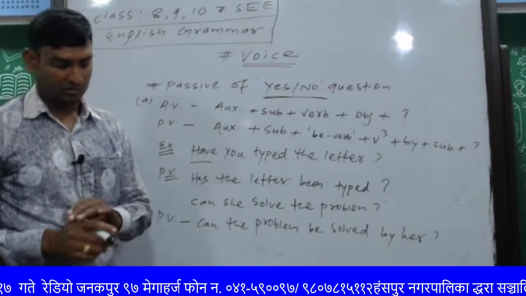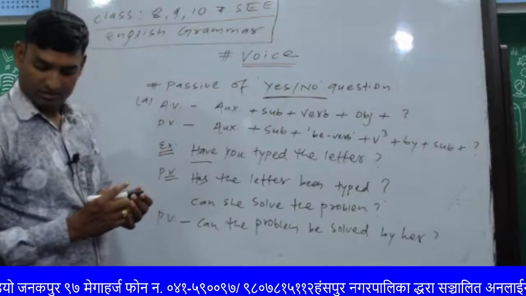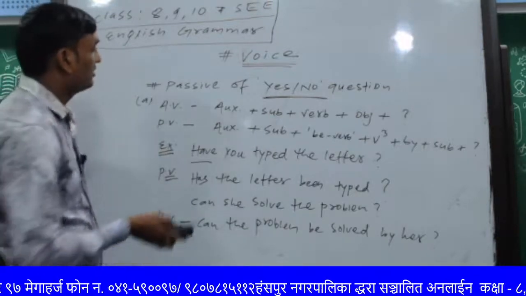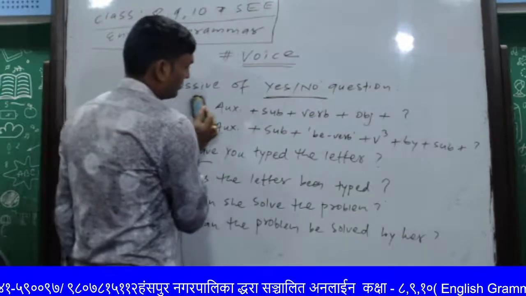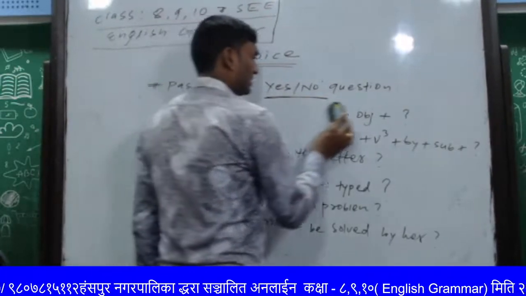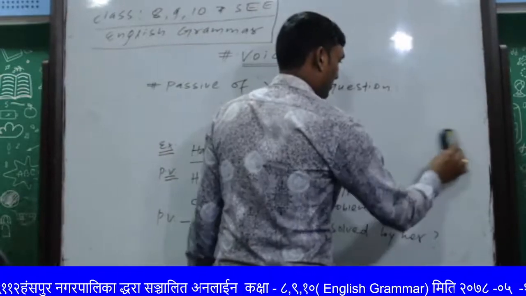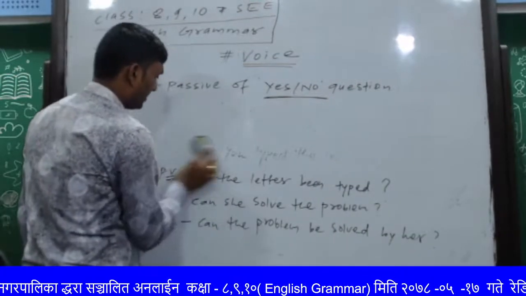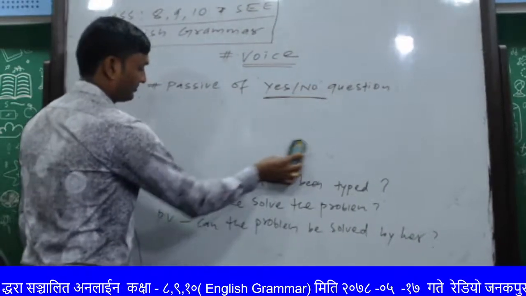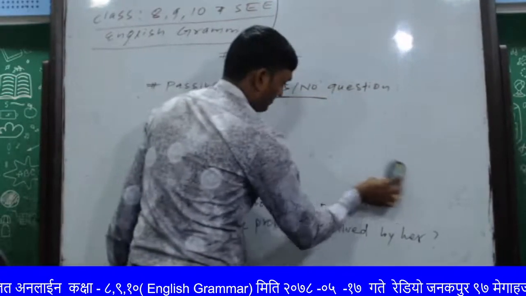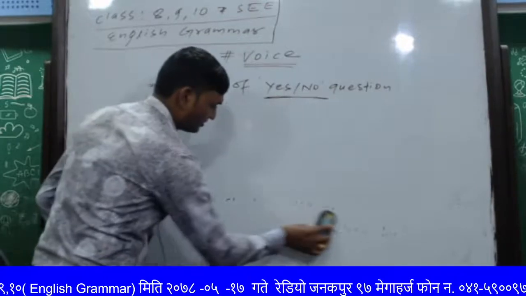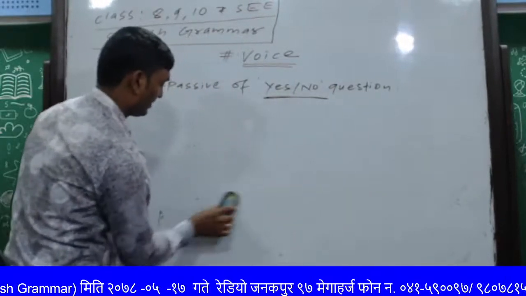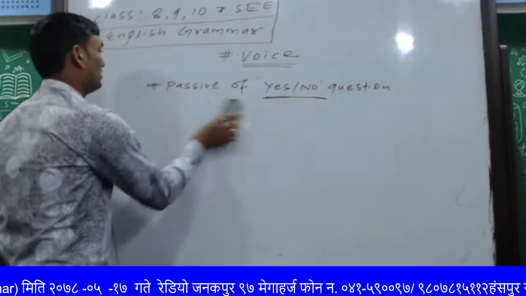Then we are going to the second passive of yes no question. The first one is auxiliary plus subject, and the second one is auxiliary, but the auxiliary means here do, does, did. After do, does, did, subject, then V1 is used, but another form of verb is also used.